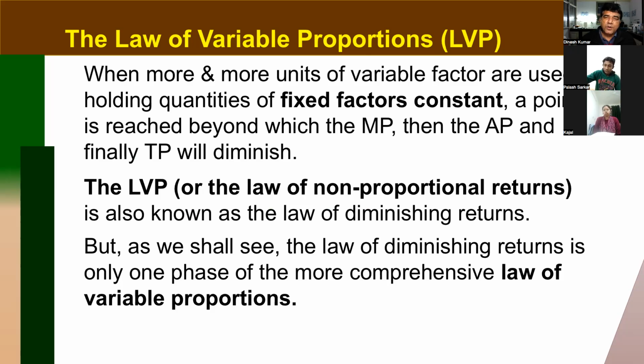Fixed factor is your land. All factors related to land are your fixed factors, and capital and labor are your variable factors. So when more and more units of variable factors are used, holding quantities of fixed factors constant, a point is reached beyond which the MP, then the AP, and finally TP will diminish.